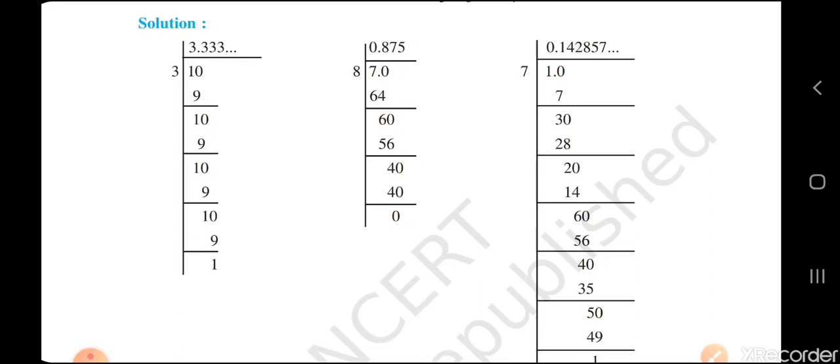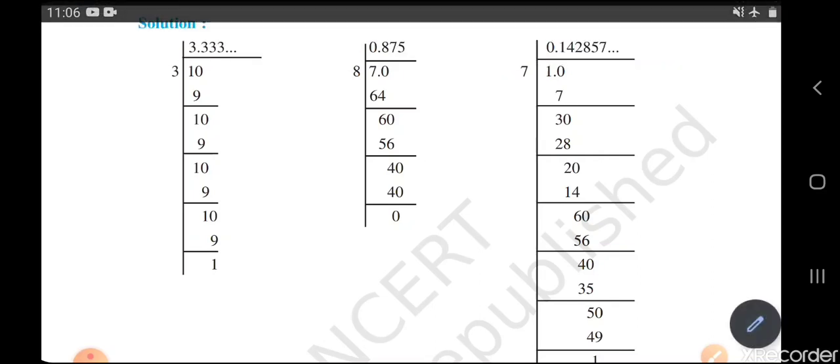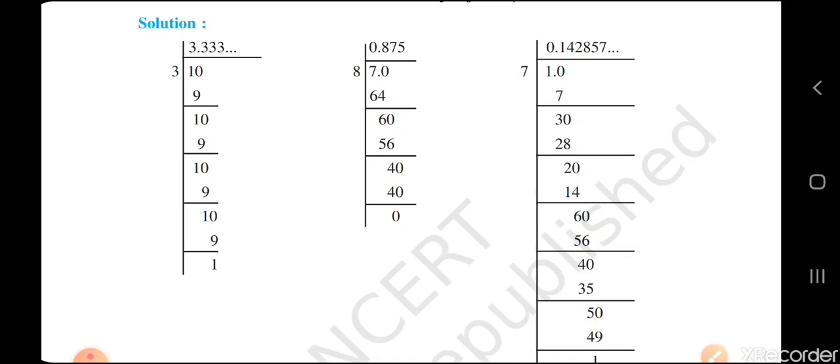First, in 1 upon 3, that is 0.33333, 3 repeats in the quotient. In 1 upon 7 we get the repeating block 1, 4, 2, 8, 5, 7. Again we get 1, 4, 2, 8, 5, 7. So this is one block.